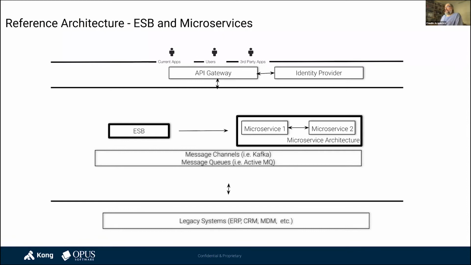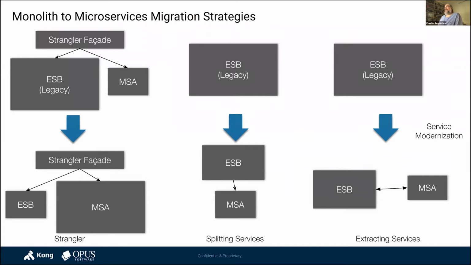Basically, we have three main strategies here. On your left, we have the first one. It's called a strangler. In a strangler strategy, you have a brand new layer on top of your current ESB and your microservices environment. The strangler is responsible for routing requests to one or the other environment, depending on the request.